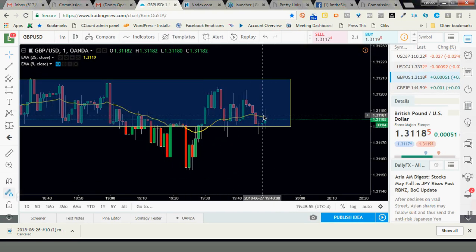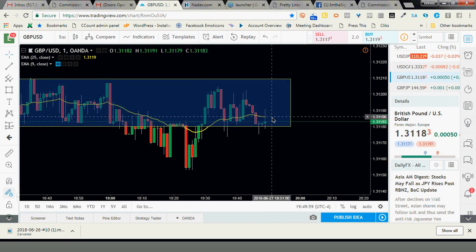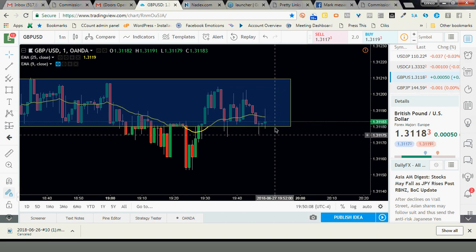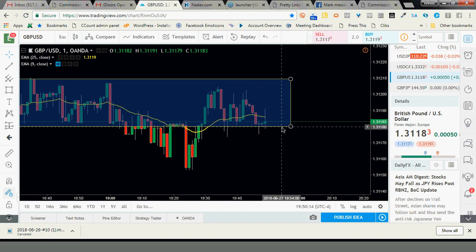And all this is always subject to change because the market is always moving. What may look like a strong bull one minute, the next minute could look like a strong sell. So it's a constant monitoring and practice of watching what the market is actually saying.